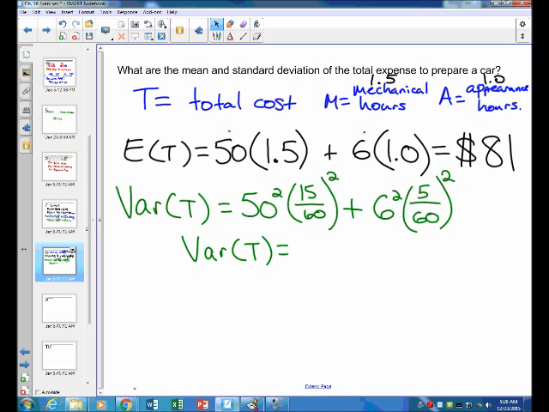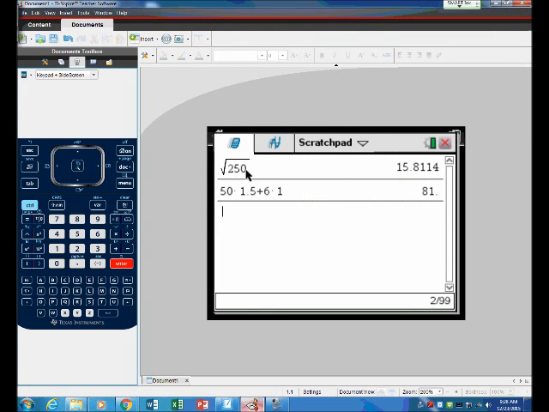So I got 50 squared times, and I'm going to go ahead and use my fraction here. So that was 15 over, oops, let me get back into the fraction. 15 over 60. Now all that's squared. I need to get some parentheses here. No, I don't want it there. Good try though, calculator. That's where I want it.